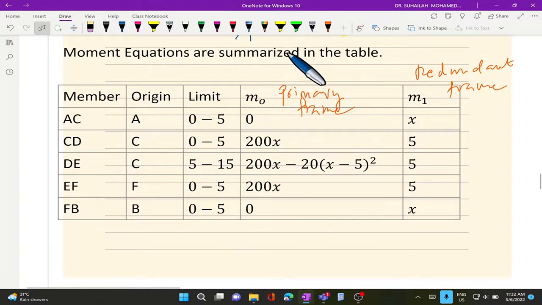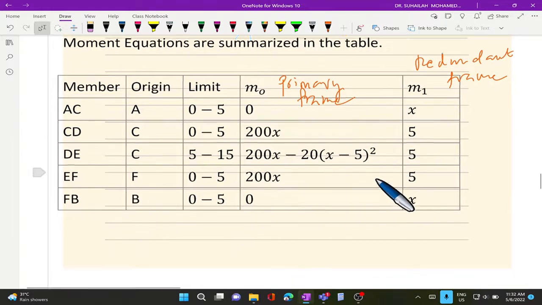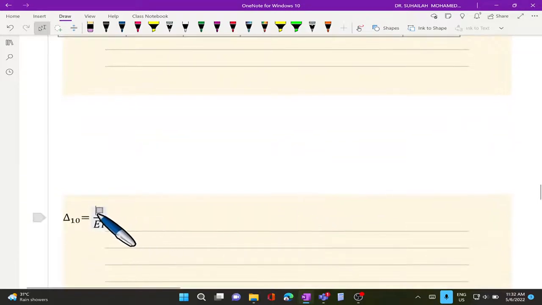So we integrate CD, DE, and EF. For CD we integrate 200x times 5 from 0 to 5. What we get is 12,500.